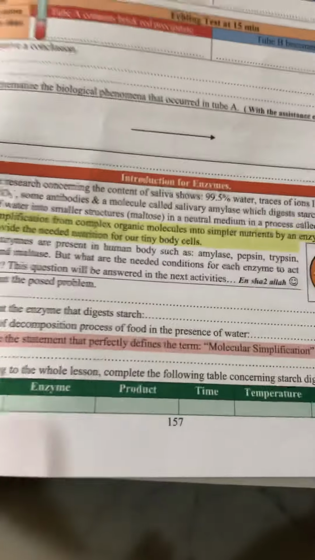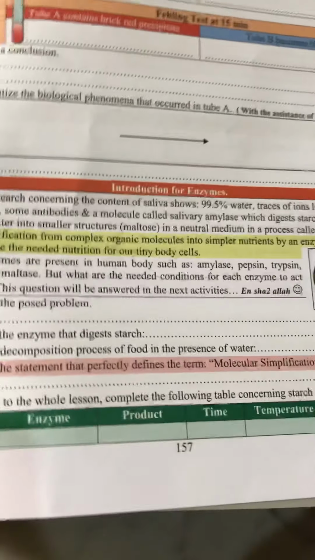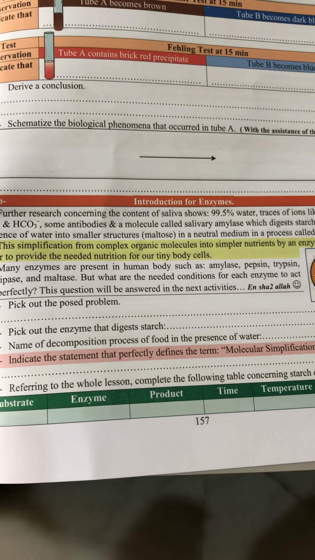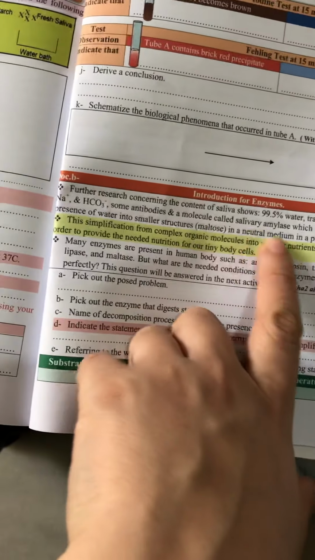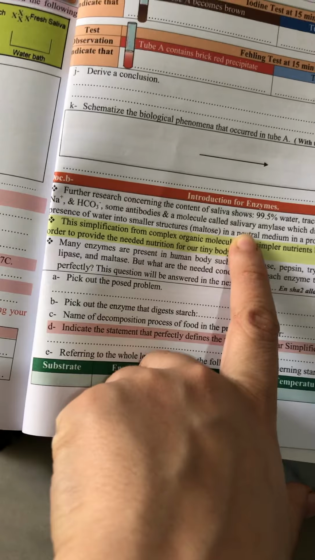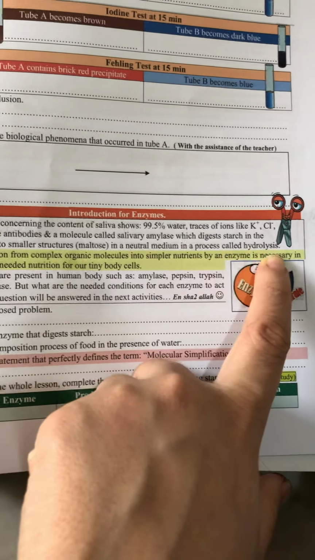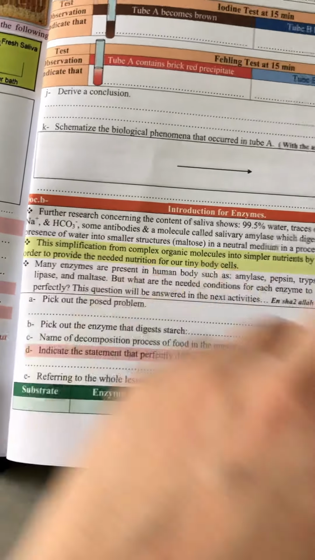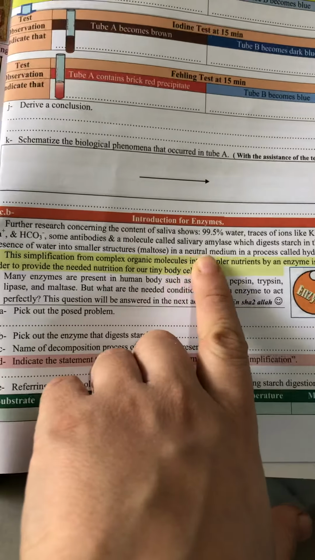So what we are going to talk about today is that there is something called an enzyme, which is a chemical substance that is present in the saliva. Here, in the saliva there is a molecule called salivary amylase, which digests starch in the presence of water into maltose, which is the reducing sugar, in a neutral medium.